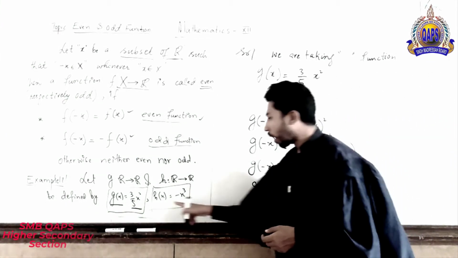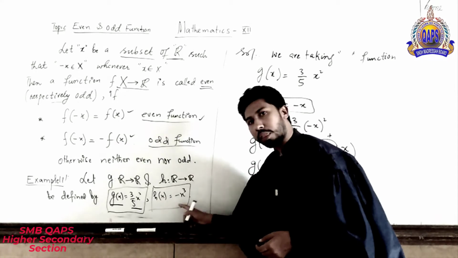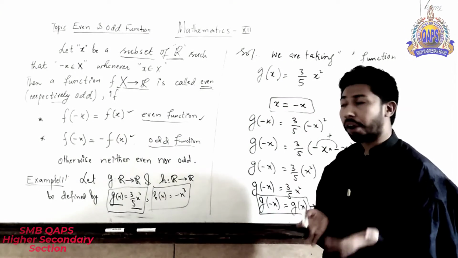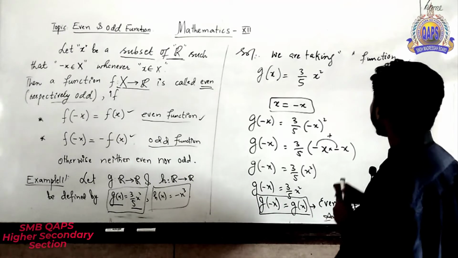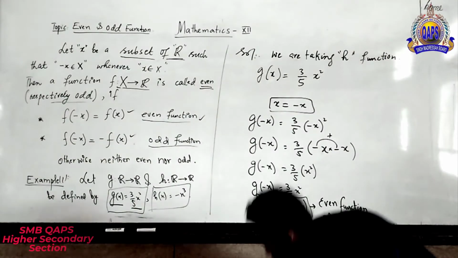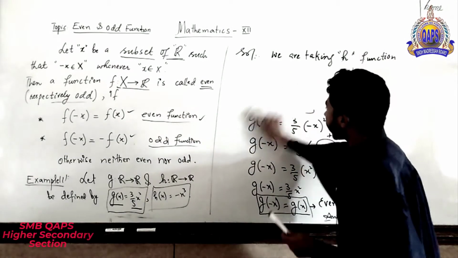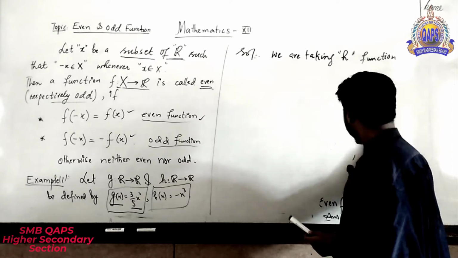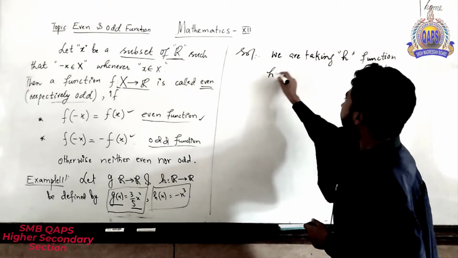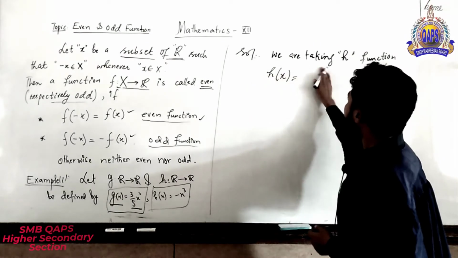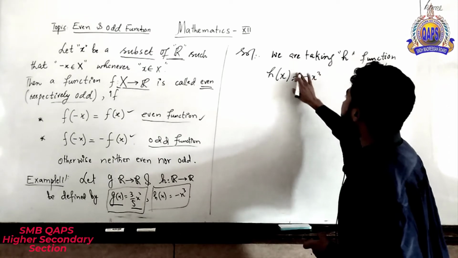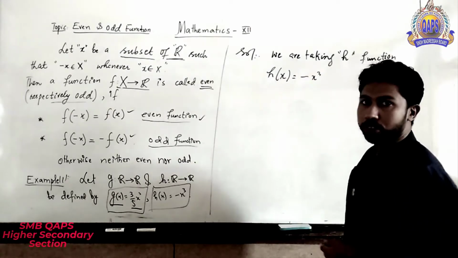Now we start finding whether the second function is either even or odd. So the second function h of x is equal to minus x cube. This is the given function.